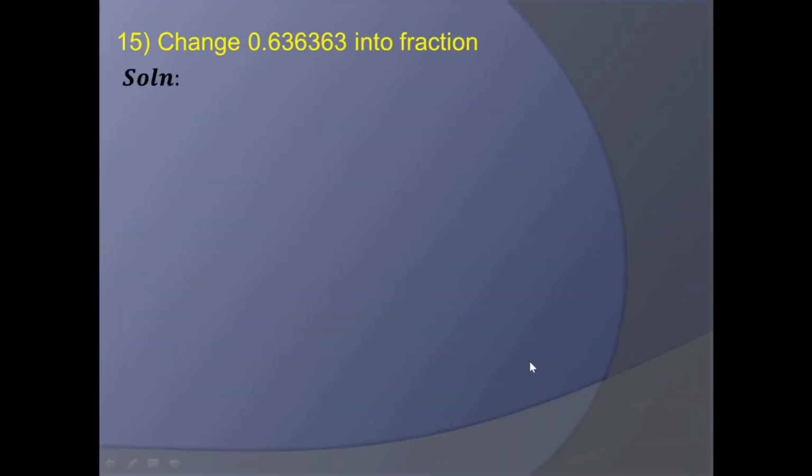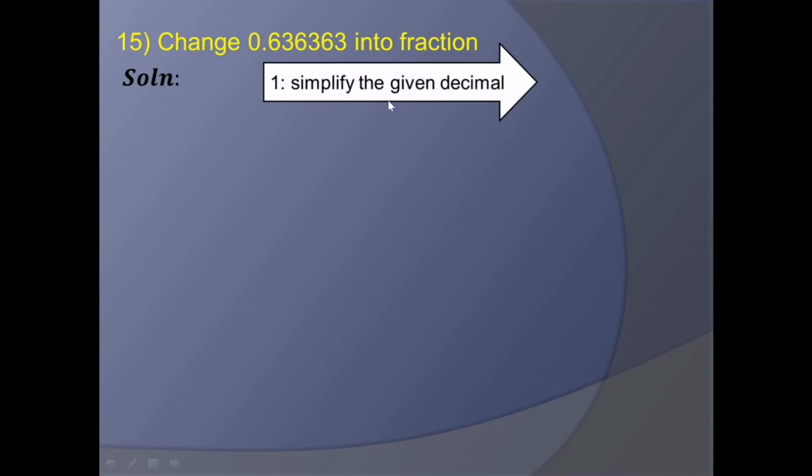Okay, so here we're going to change 0.636363 into a fraction. As you observe, 63 repeats after each other. So how can we convert it? Let us do it this way. First step is to simplify the given decimal.